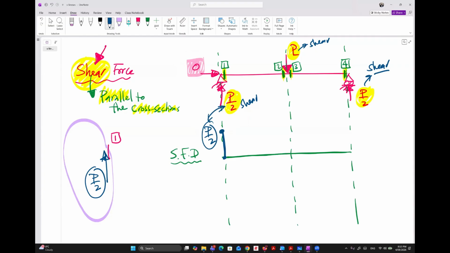So how I did it again: I make a cut at 1, then I take the forces to the left of the cut. I found that only B over 2 is the force causing shear from the left. You will ask me why I go up: because from the left, if the force is going up, we go up.